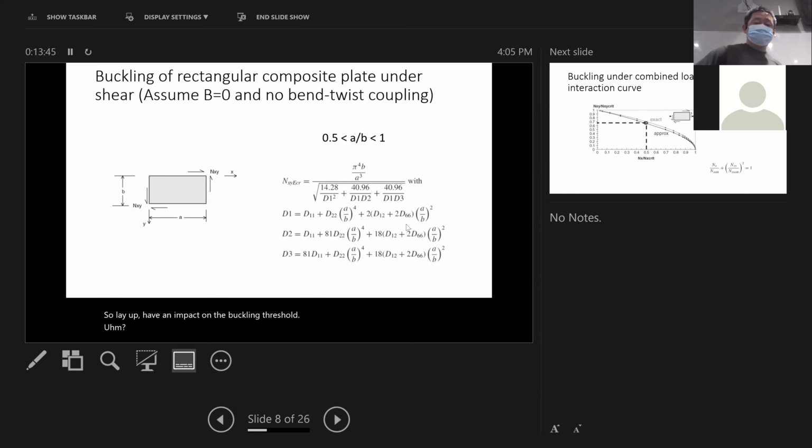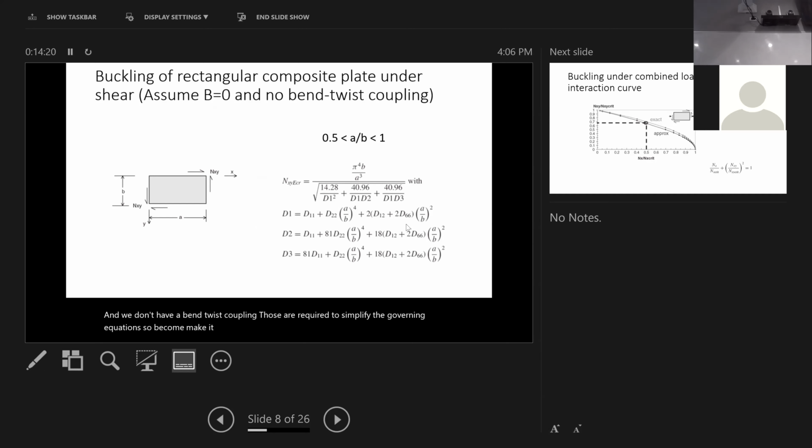And buckling can occur under shear. So you have a plate and you put a shear force on it. You can solve a set of partial differential equations similar to what I showed before, assuming again simpler properties: we don't have a B, no bending-extension coupling, and no bend-twist coupling. Those are required to simplify the governing equation and make it solvable.